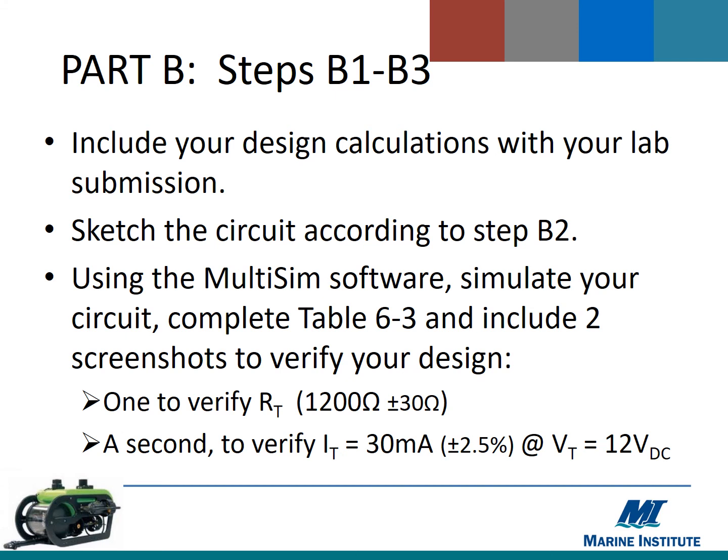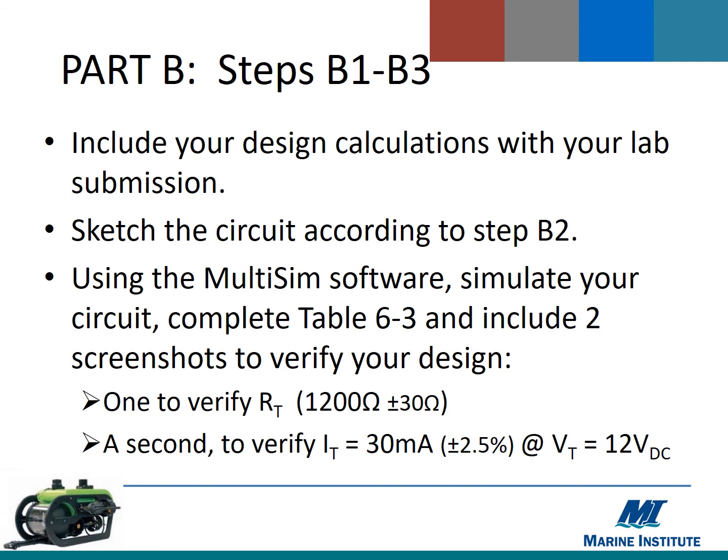And so what you should do is include the 4 resistors and then connect an ohmmeter, verify that you got the 1200 ohms plus or minus 30 ohms, record the value as a measured value in table 6.3, then add your 12 volt power supply, put in an ammeter to measure IT and a voltmeter to show the VT measurement, and then simulate your circuit and record the current and the voltage that your meters show in table 6.3, and then the 2 screenshots, one that shows your ohmmeter with the RT measurement, and one that shows your ammeter and voltmeter with the IT and VT measurement, and include those 2 screenshots with your lab report.